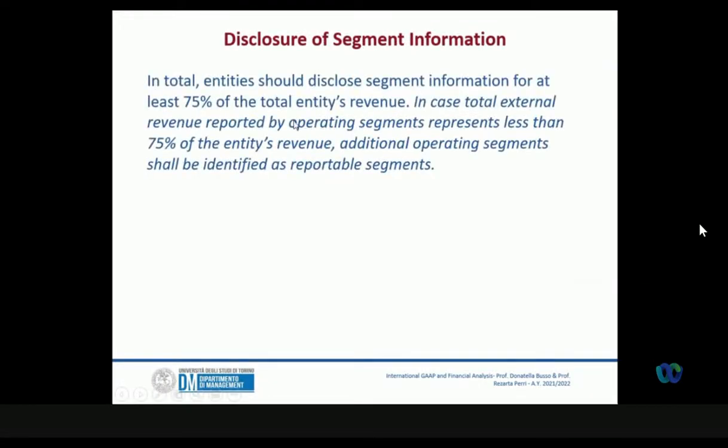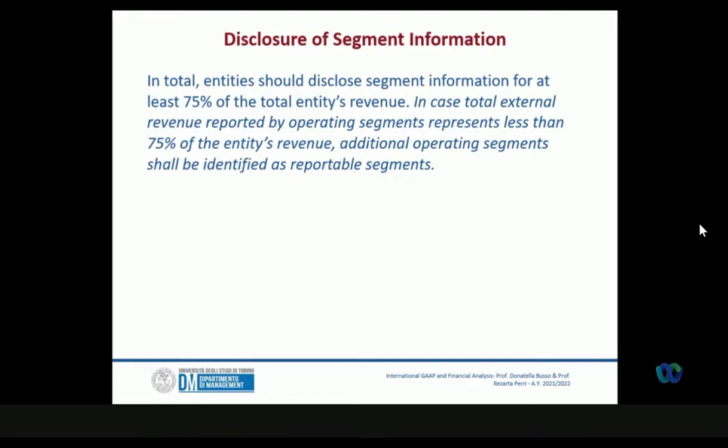But still, we have another thing that we have to keep in mind. We identify the entities that should disclose information if any of the segments that we identify fulfills one of the thresholds that we mentioned, being revenue, profit, or the assets.